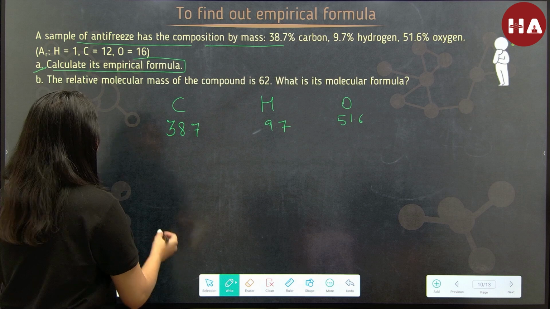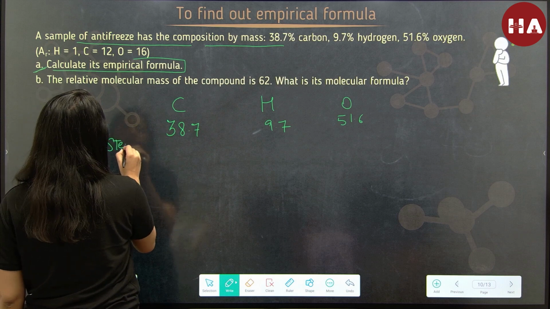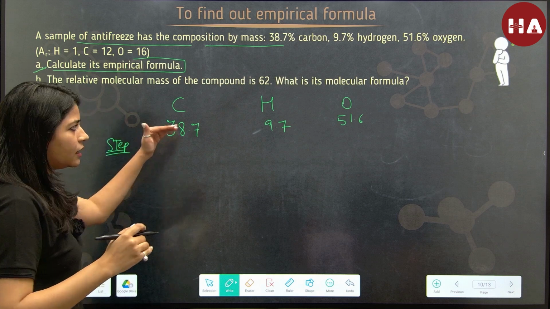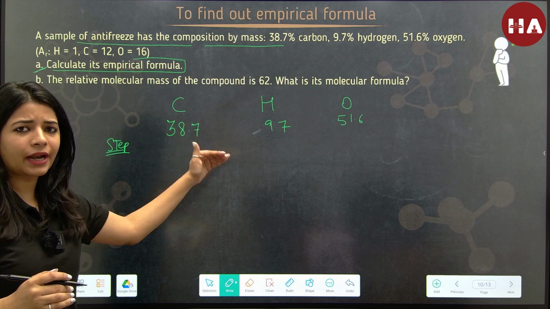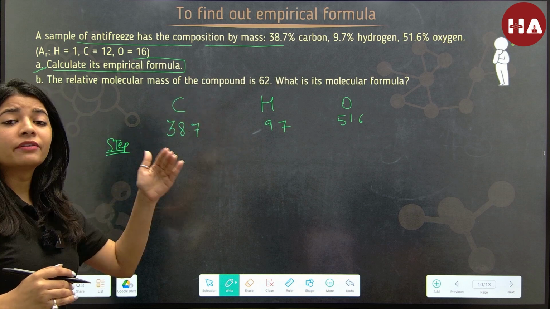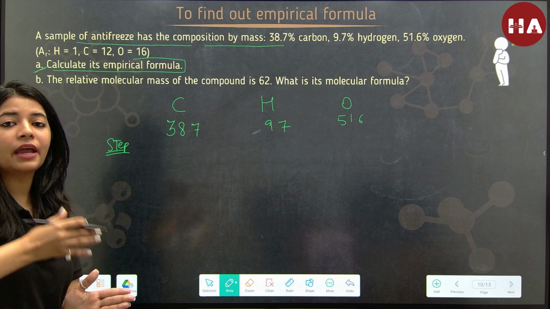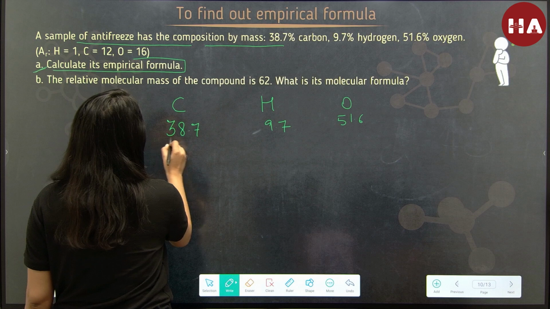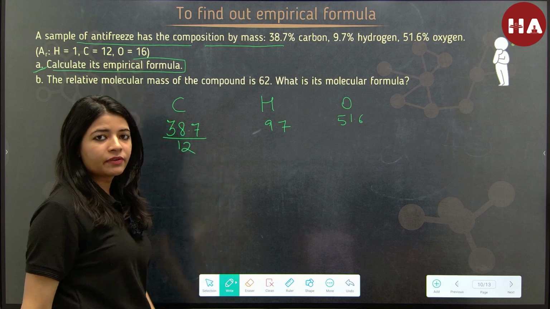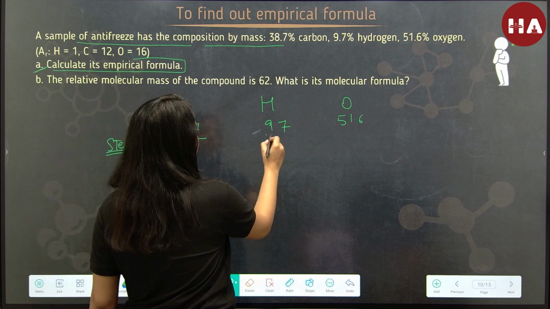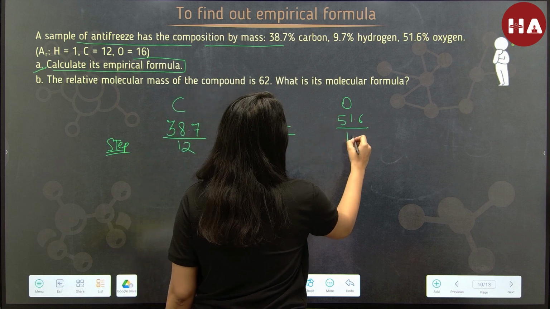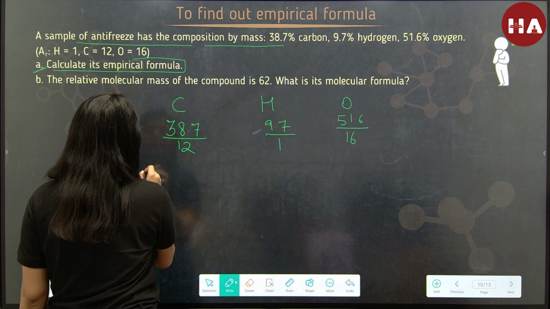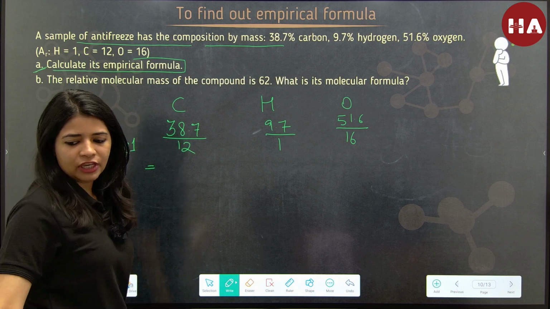Step 1 is to divide the given percentages, or grams, it can be given in grams also, by the atomic mass of these elements. The atomic mass of carbon is 12, so I'll divide by 12. The atomic mass of hydrogen is 1, so I'll divide by 1. Oxygen is 16.